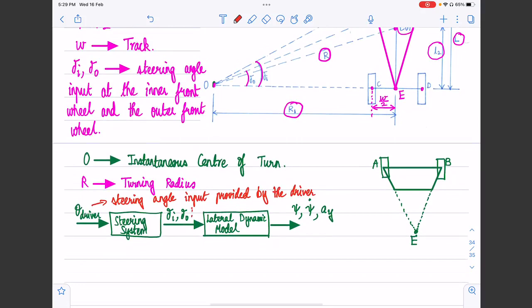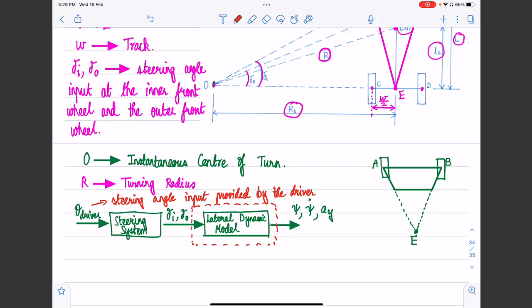In this particular course, our focus is going to be the lateral dynamic model. There are models for the steering system which can relate the steering angle displacement to delta I and delta naught, and those models are available, but we are only going to discuss the lateral dynamic model. That's what we are going to focus on in this course.